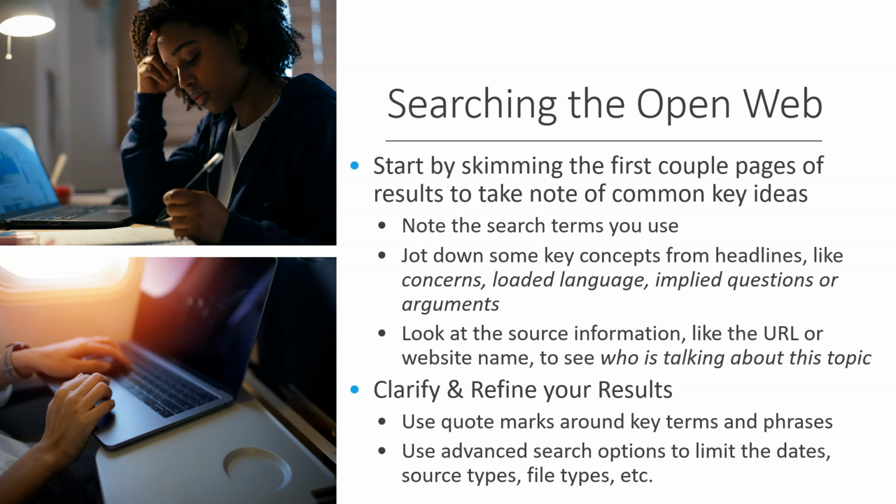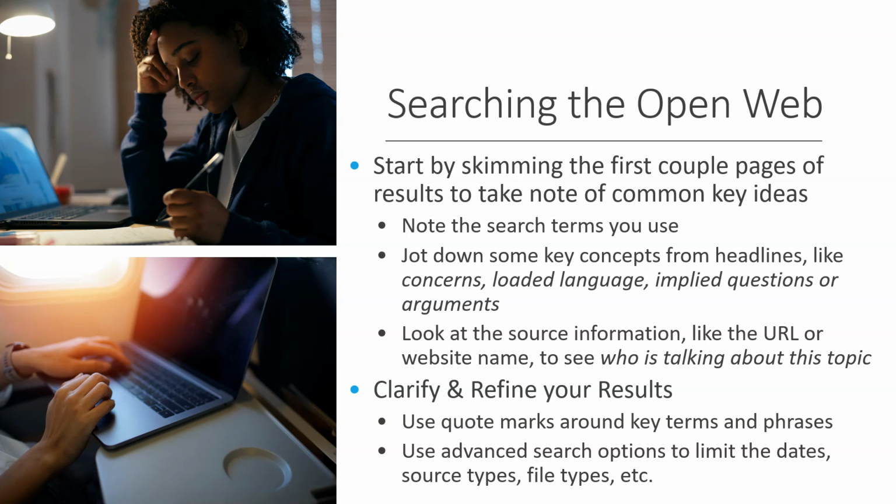Just look at page 1 and page 2, and jot down key ideas and concepts from the headlines, from the first line of preview, and maybe from the URL, which tells you where the source came from or what the website's name is. That will give you so much data on the key ideas, the main concerns, popular questions and arguments, and who is talking about it. So what kinds of people, institutions, and organizations are engaging in this discourse.